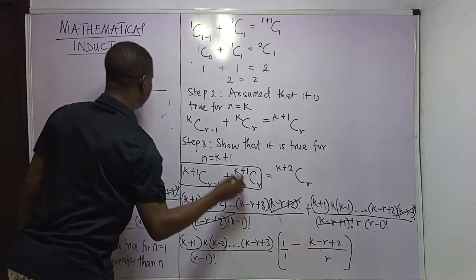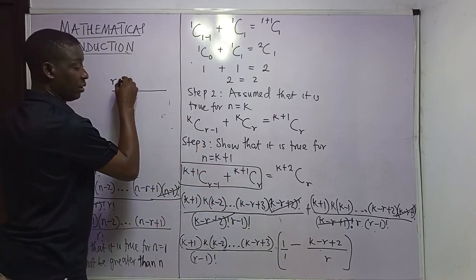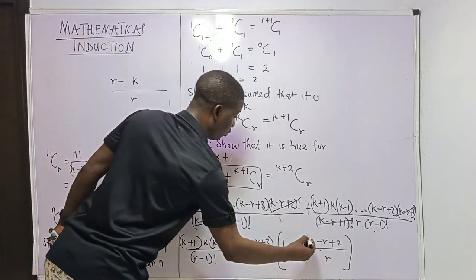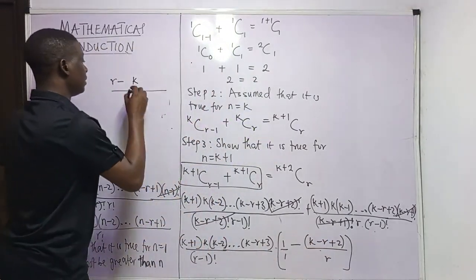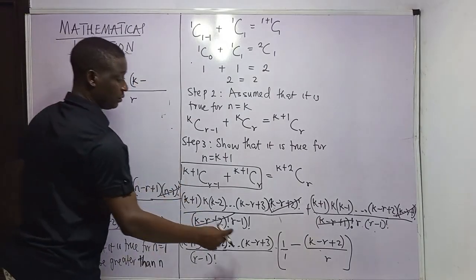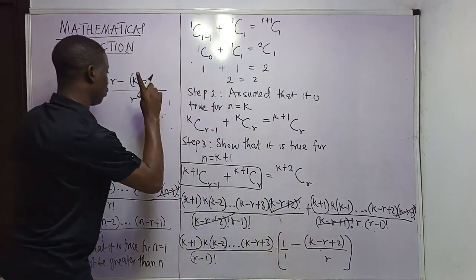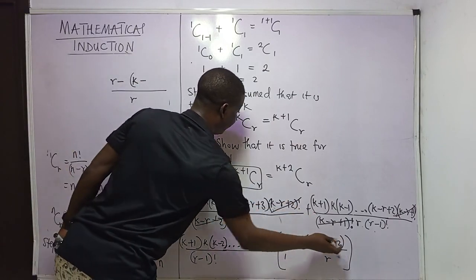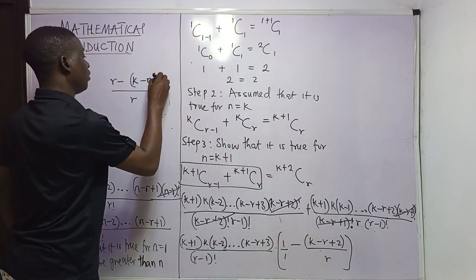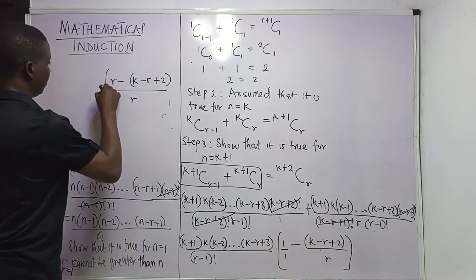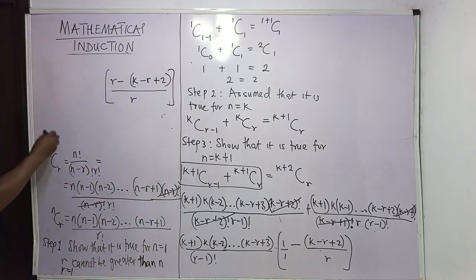R times 1 is r minus k, two brackets here please. Now r divided by r is 1. 1 multiplied by everything here will give us k minus r plus 2. This is what we want to have now.